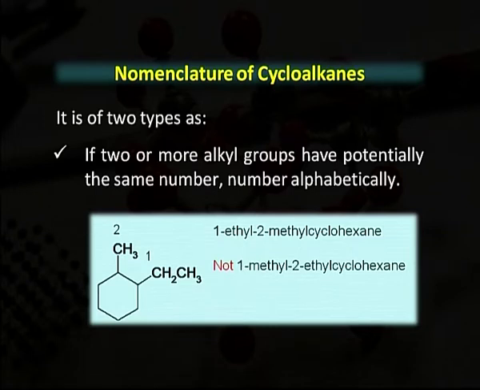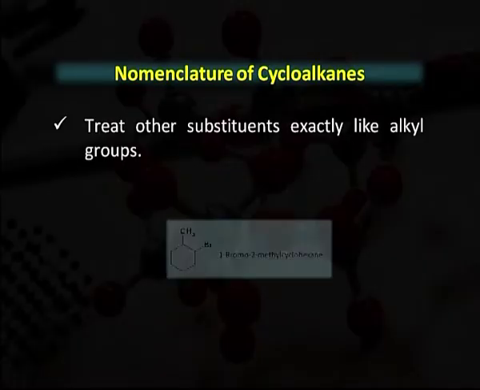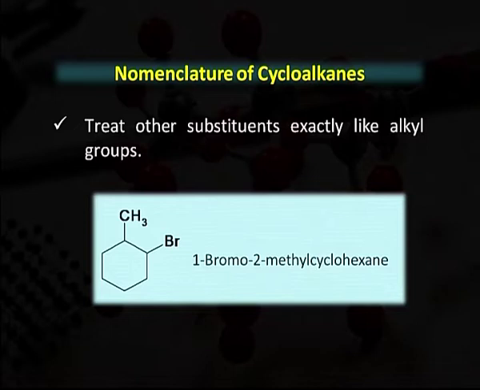So in this structure we are giving preference to ethyl, not to methyl. Treat other substituents exactly like alkyl groups. In this structure, the IUPAC name of this compound is 1-bromo-2-methylcyclohexane.